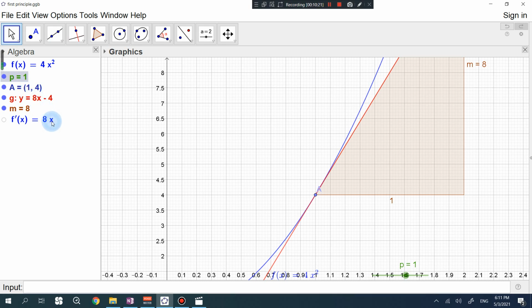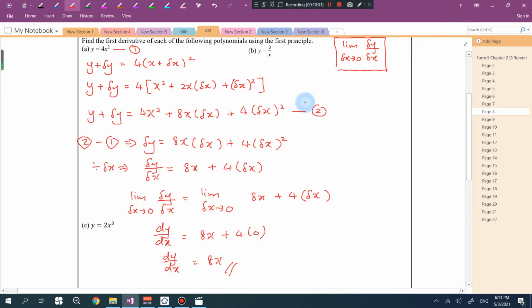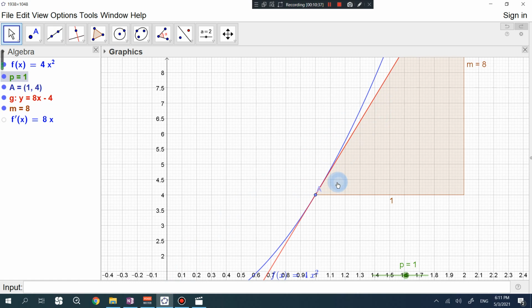We take 1, plug in here, calculate, and we get the gradient of the tangent at this point, which is 8. So that's why we call the first derivative a gradient function, because it is a function for us to calculate the gradient of the tangent of a curve at a particular point.